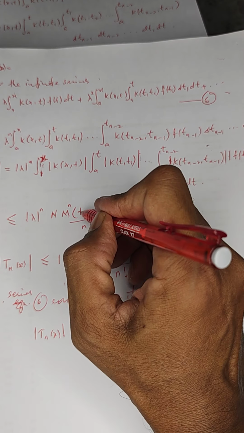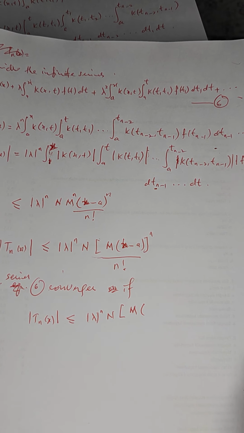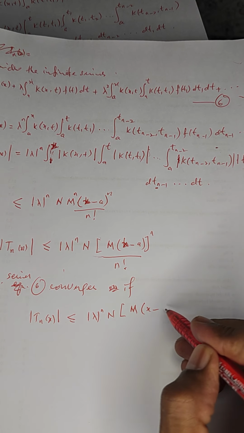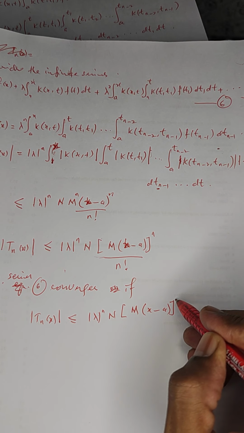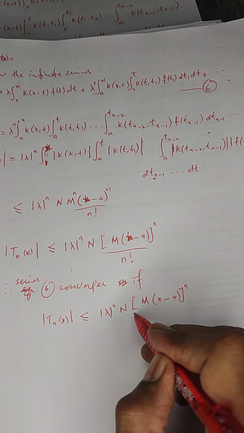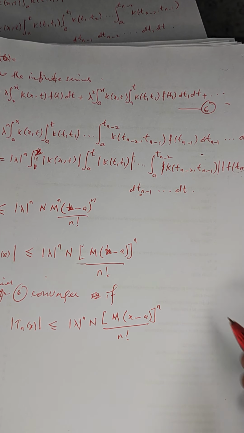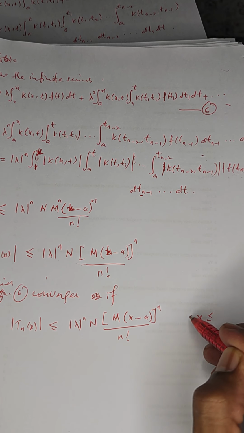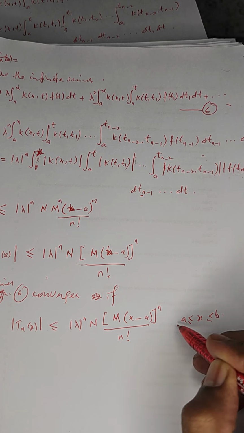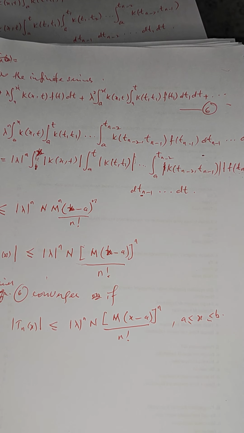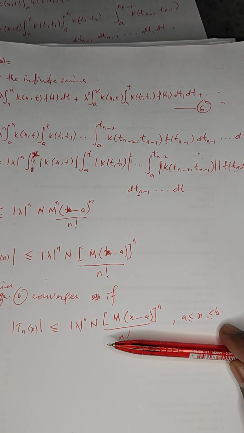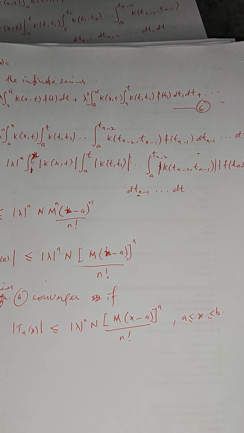So we have (x minus a)^n over n factorial, for x between a and b. That's the condition for the convergence of that series.